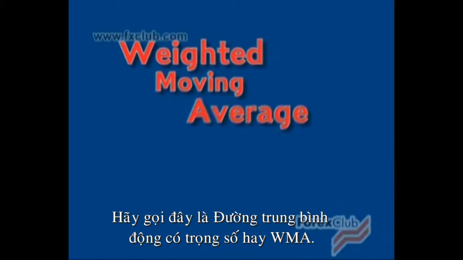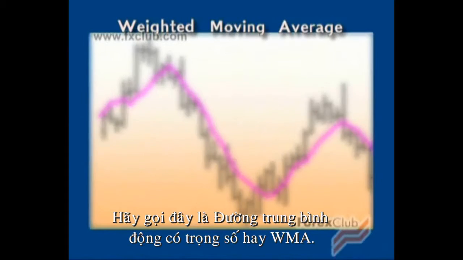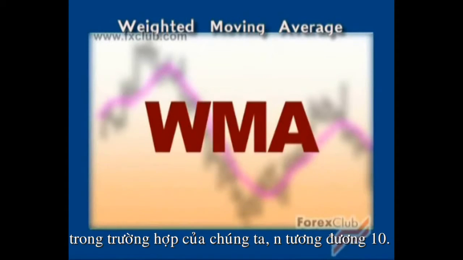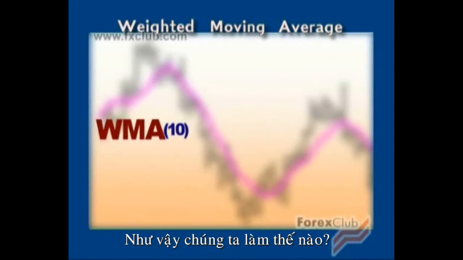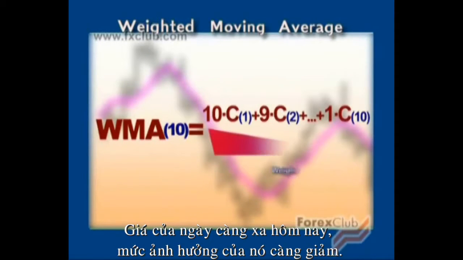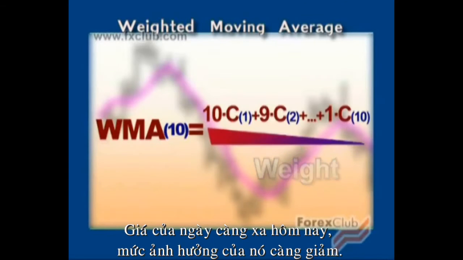Let's call this a weighted moving average, or WMA. Naturally, it incorporates the variable of N, and in our case N equals 10. So what do we do? To start with, we change the factors in our formula to 10, 9, 8, 7 and so on down to 1. The further the price is from today, the less weight it has.